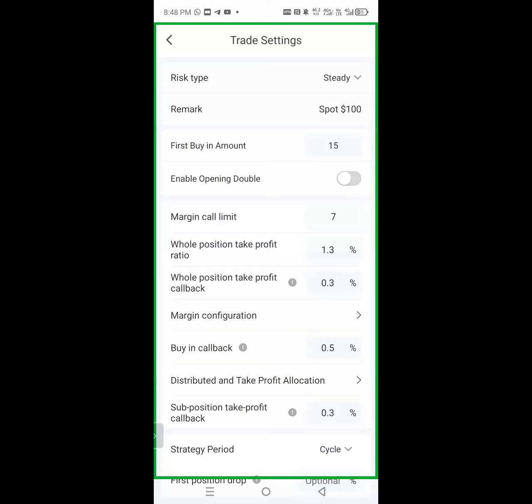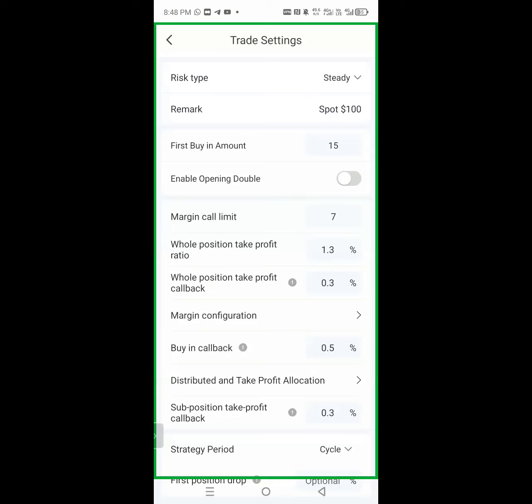Okay, so I want to consider the first 3 margins to be 15, 15, 15. Since my first buying amount is 15, I want my first 3 margin to be 15, 15, 15. So 15, 15, 15 is 15 times 3, which is 45. 45 plus 15 will give you 60. 60 minus 100 is remaining 40.